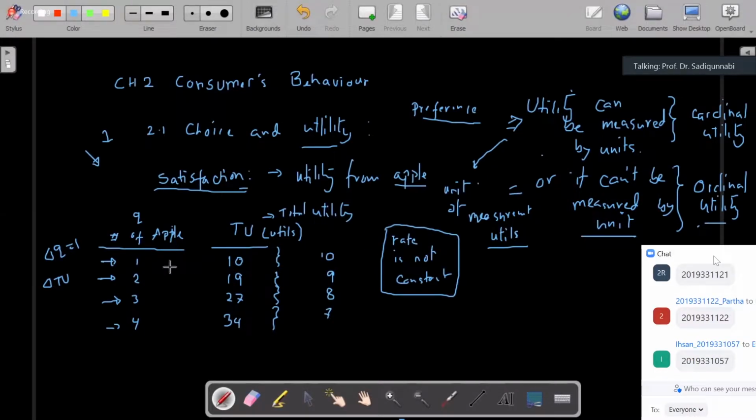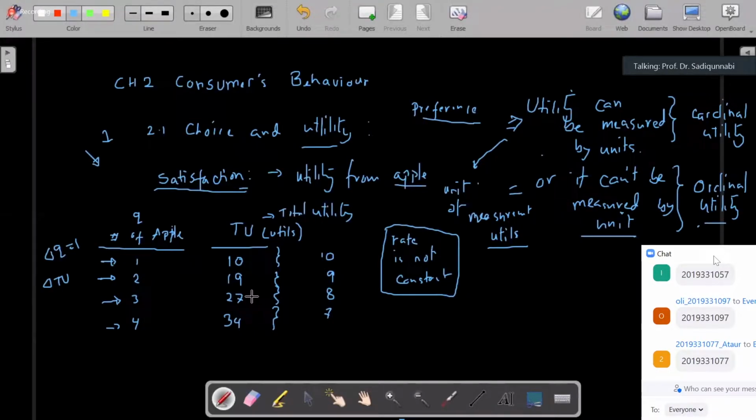Okay. So the first apple, we are getting 10 utils. 2 apples, not 20 utils, we are getting 19 utils, suppose. 3 apples, again, we get fewer utils, 27, not 30.